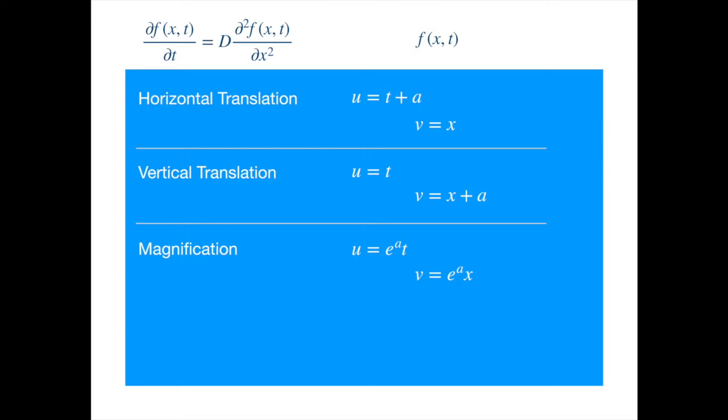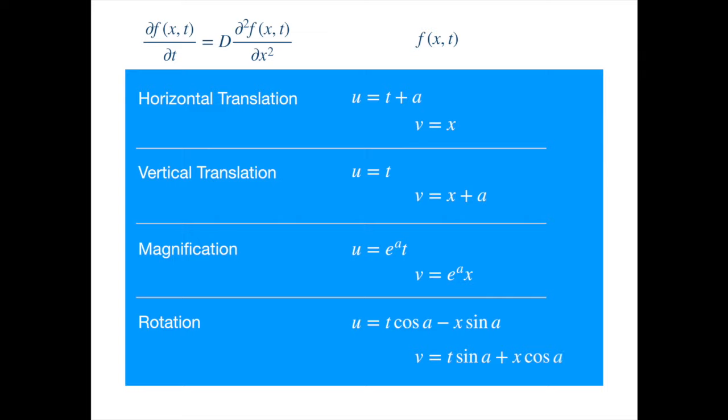The exponential is there because we want to restrict the multiplier to positive values. And for our final example, you can rotate the points by using the following transformations using sine and cosine. Looks complicated, but we shall see very shortly its geometric meaning is rather simple.